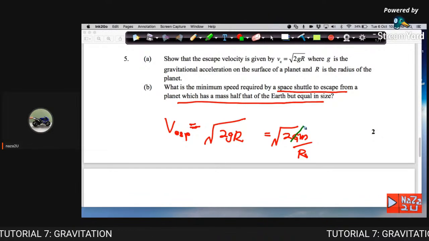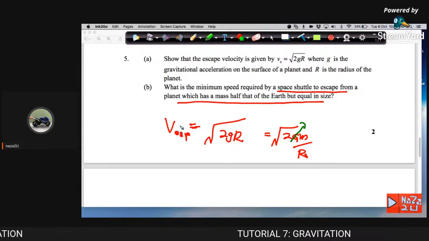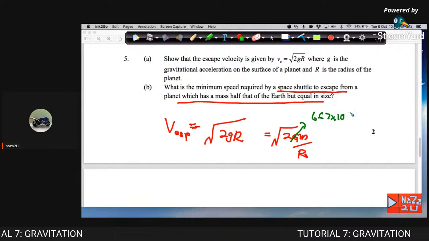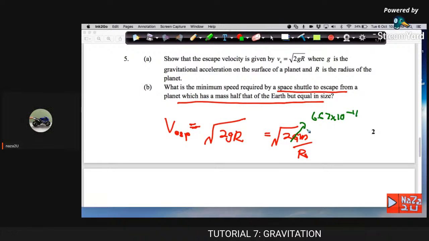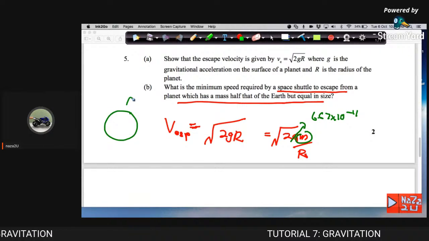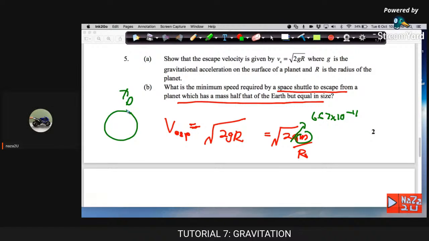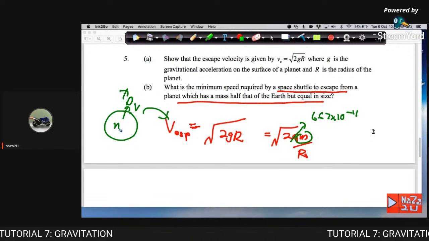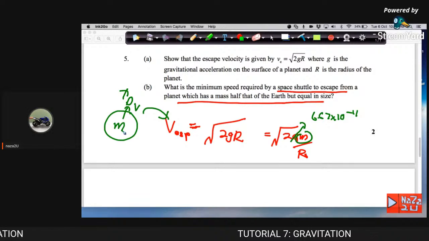So G is constant. Kita nak cari v escape untuk space shuttle ya. G is constant, this is 6.67 exponent minus 11. Mass bumi ya. Okay, kita bumi ini kita nak lancar katalah satu roket, pelancar roket naik ke atas. So berapakah dia punya v? Apa escape velocity here? Dia bergantung kepada mass bumi. Tetapi dalam kes ini dia kata mass is half.